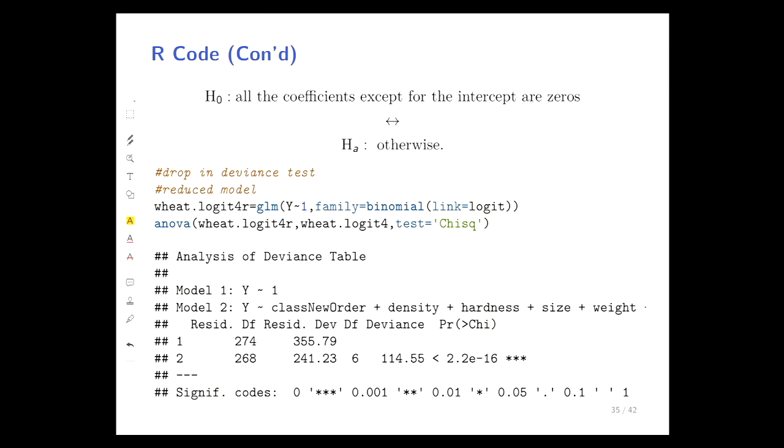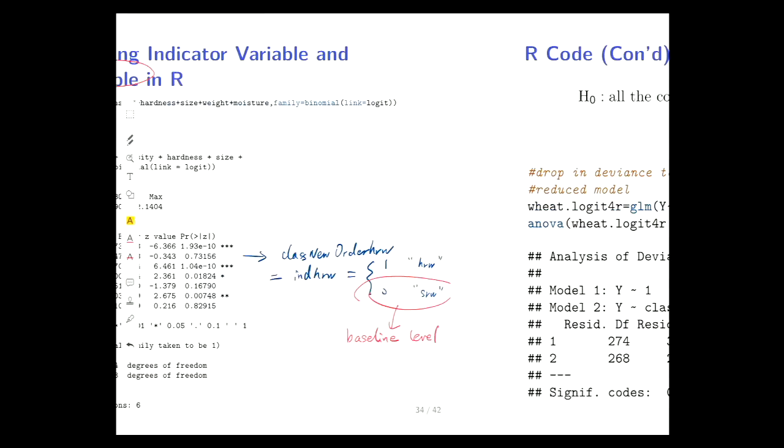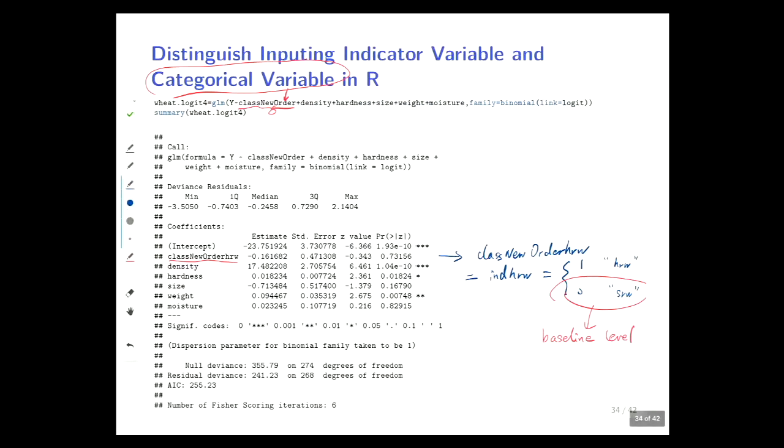So what we can do here is use our drop-in deviance test. In order to do this test, we need to define the reduced model and also the full model. So here, our full model is this model logit 4, the last one. So that's our full model with all the variables.